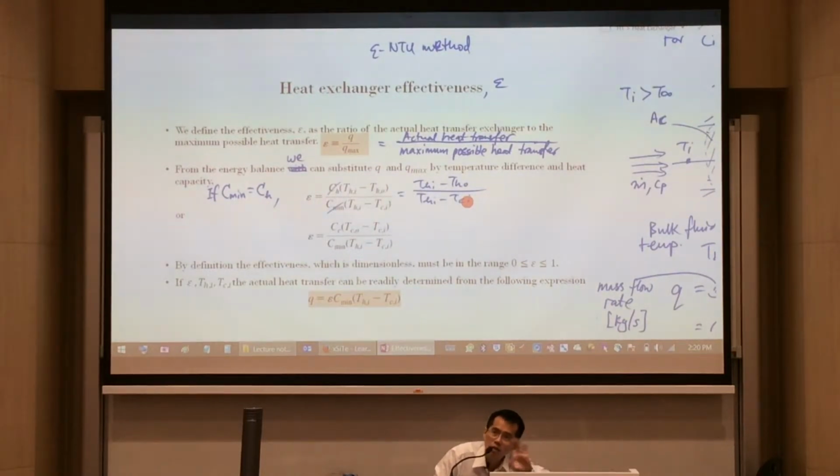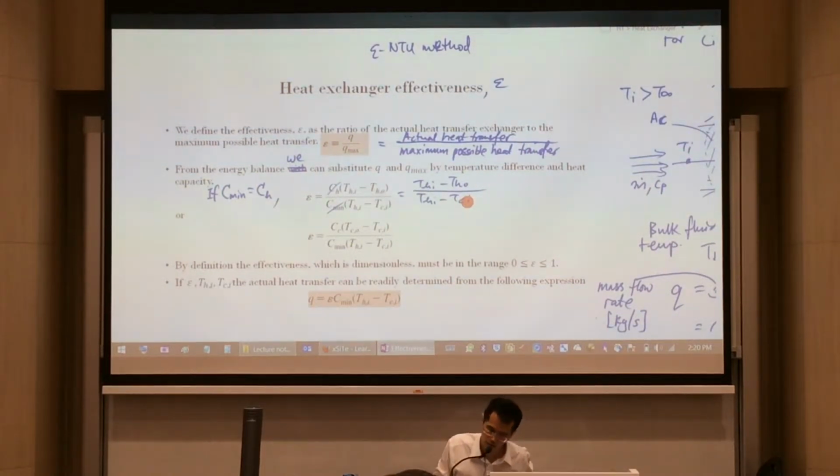If your C min is not CH, because C min could happen on either side. How is that so? That's because when you multiply the mass flow rate by the specific heat capacity of these two hot and cold fluids, only then could you figure out which one is your minimum. And the minimum one would be either your hot fluid or your cold fluid. It depends on the numbers that are given to you.